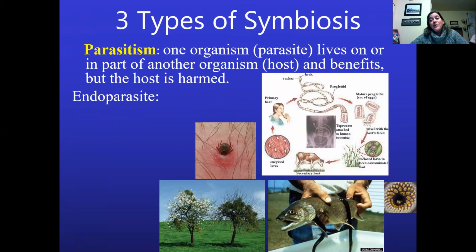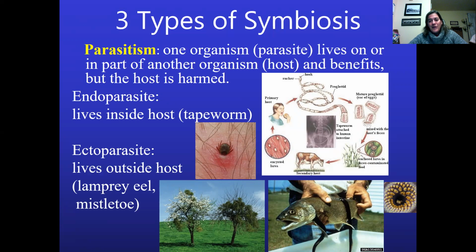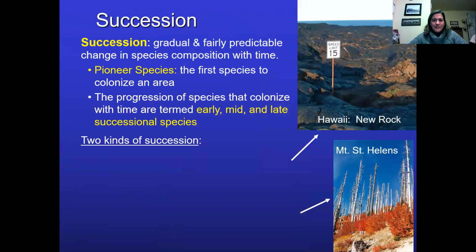Parasitism is when one species benefits and the other one's harmed. And so this is a gross slide, like ticks are one of my least favorite things. There's endoparasites that live inside the host and ectoparasites that live outside the host. And so when you're doing the host harm, that's parasitism. So you can see the various examples there.